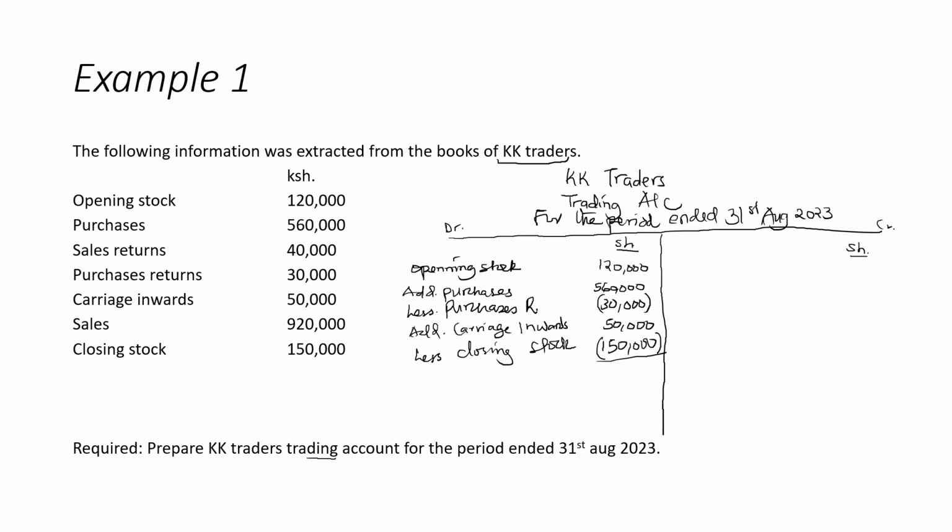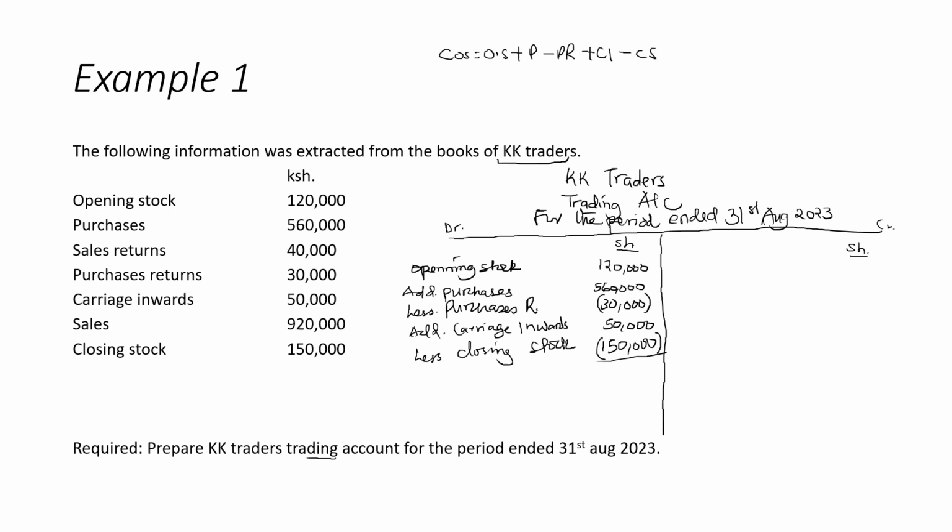Now, on the debit side, it's simply the cost of sales. I want you to look above here. We said cost of sales is equal to the opening stock plus the purchases less purchases returns plus the carriage inwards minus the closing stock.